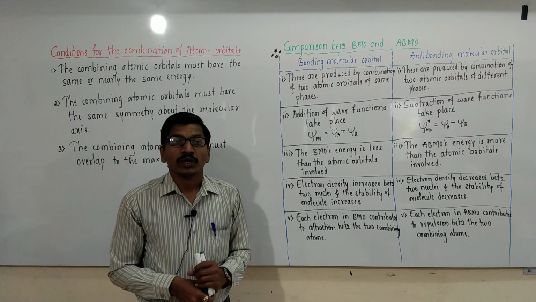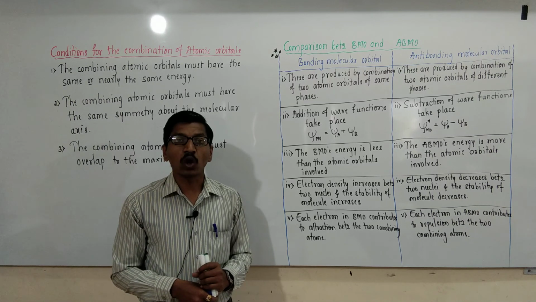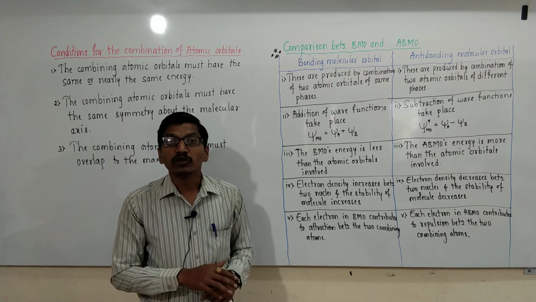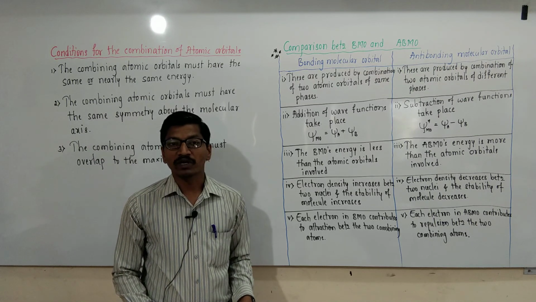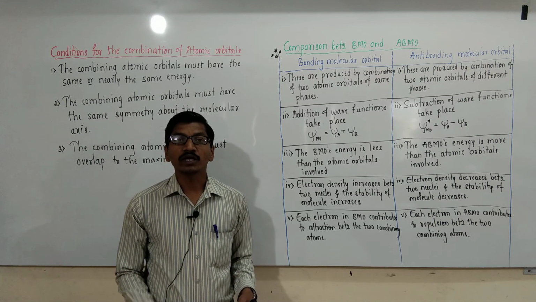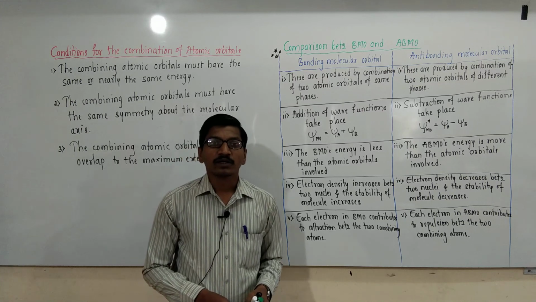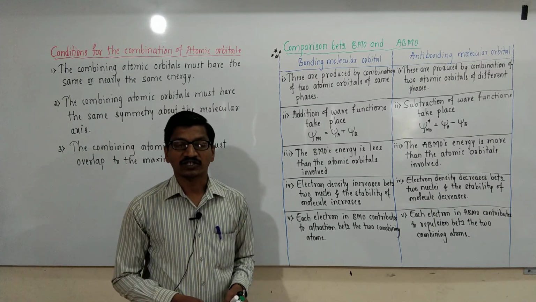Then next class we will discuss types of molecular orbitals. There are different types of molecular orbitals based on their symmetry. Okay, we will discuss in the next class. Thank you.